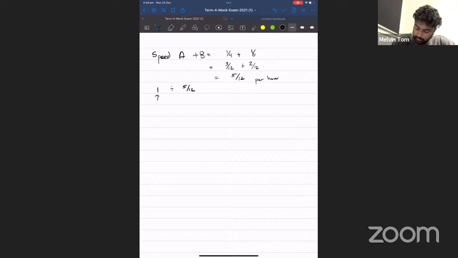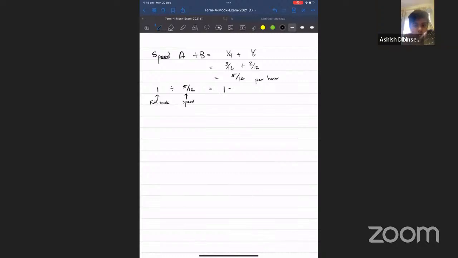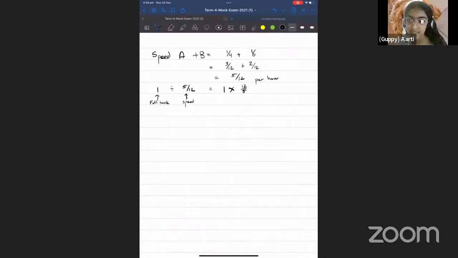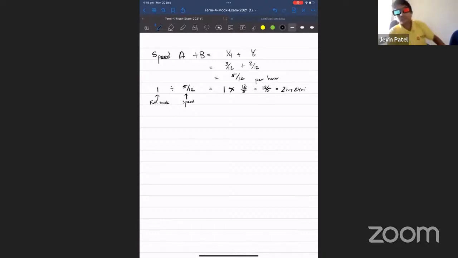This is full tank speed. And that gives you 1 divided by 5/12, which is the same as 1 multiplied by 12/5. Do you guys know why? Oh, yeah. Change, flip, right? Yeah. 1 times 12/5, which is 12/5, which is 2 hours and 24 minutes.